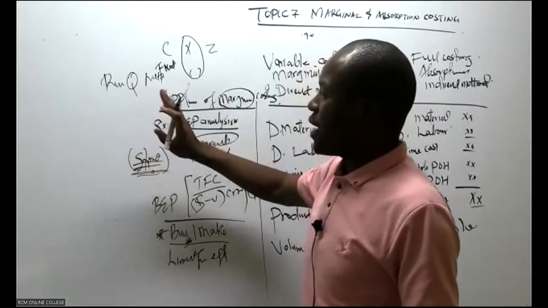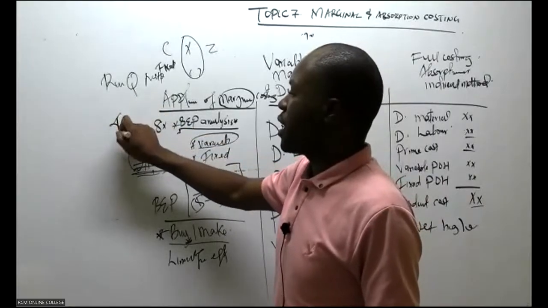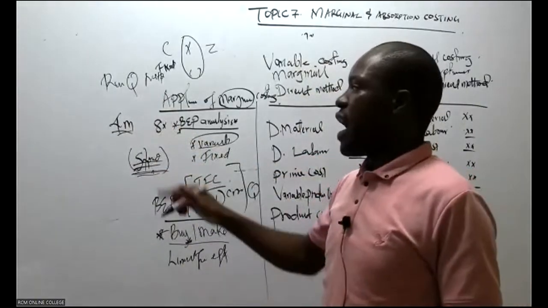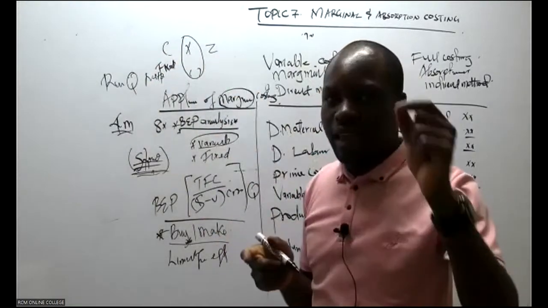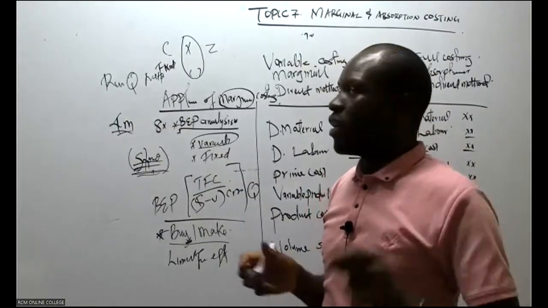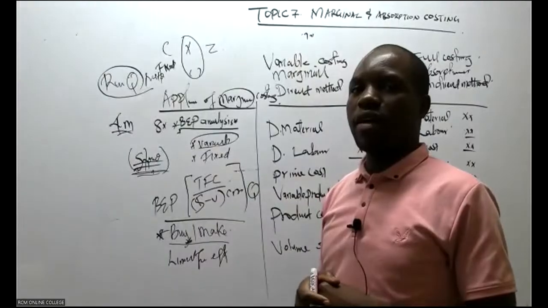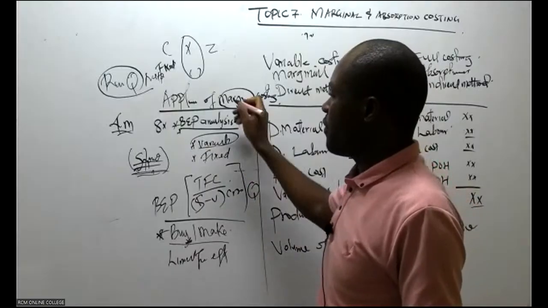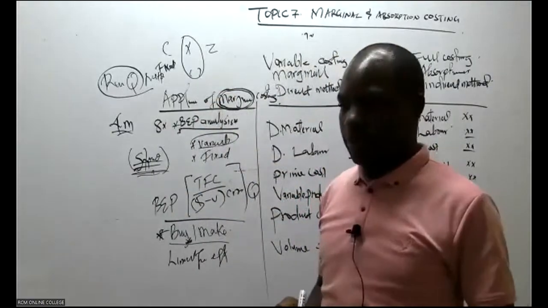In one particular year, the company is only able to purchase 4 million units of this raw material Q. How will they ration the available units of material Q to produce C, X, and Z such that they are able to meet the market demand, and at the same time maximize their returns or their net profit from that particular raw material Q? That knowledge must be understood by, first of all, ensuring that you understand what marginal costing entails.